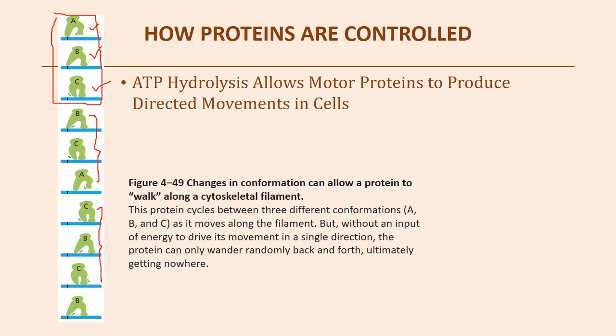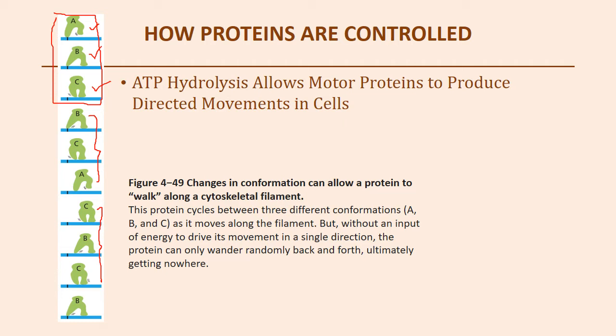In fact, what we see happening is that the motor protein is just kind of wandering. It's just wobbling back and forth. So how do we solve this problem? What can we do to control the movement of this wobbling motor protein? Well, how about we introduce an ATP molecule and we use that chemical energy to almost propel it forward and make sure that we're able to control it from the starting point all the way to the end point.